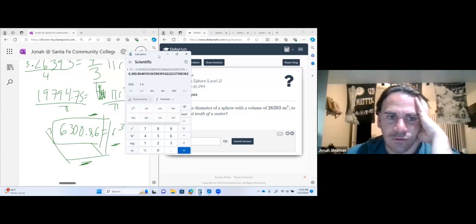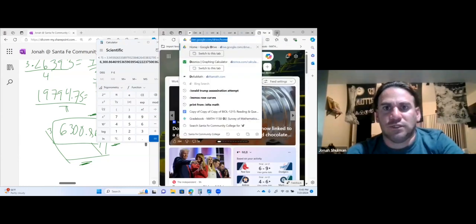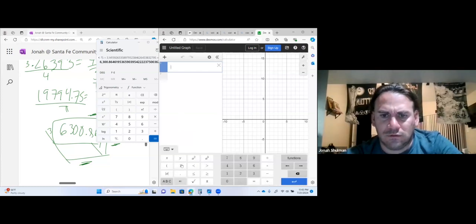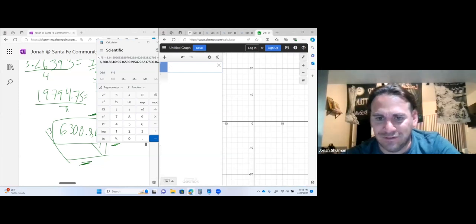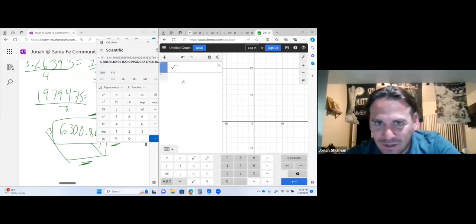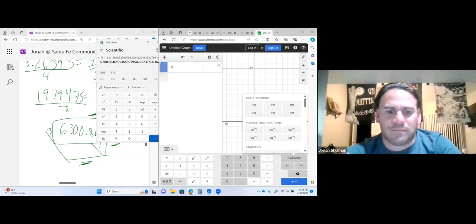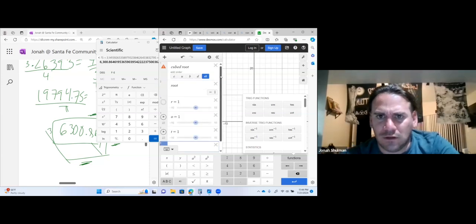That's annoying. I'm just going to use Desmos. I'm just going to type cube root. It's not going to be that.